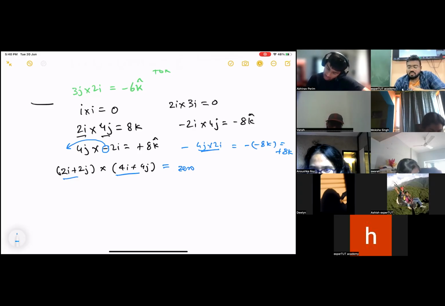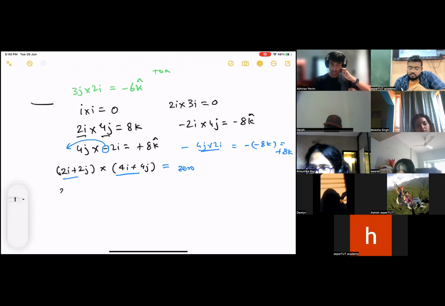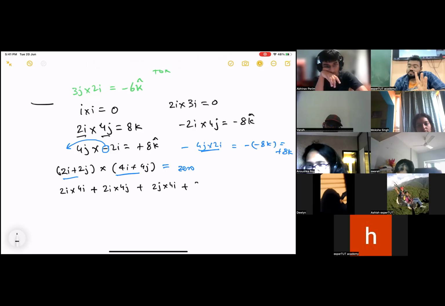Sir, you can open this and see. I'll see. One second, Anushka. Okay. 2i, check out 2i cross 4i. You will get 4 terms, right? What will the next term be? 2i cross 4j plus 2j cross 4i plus 2j cross 4j.